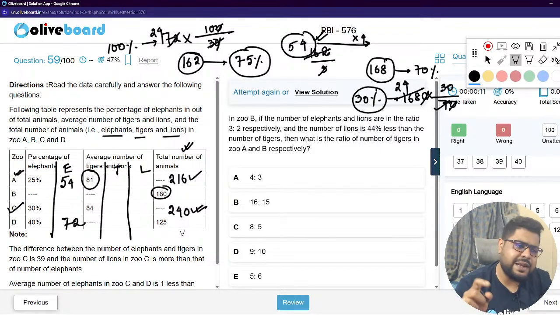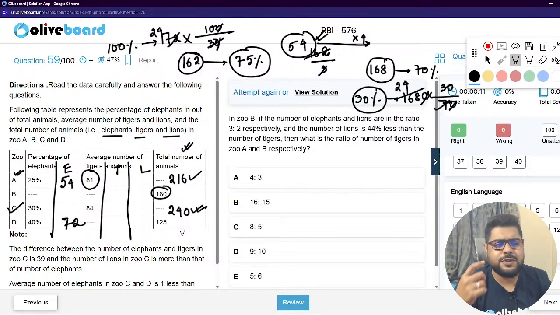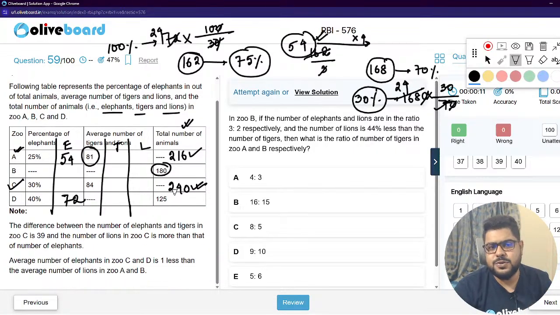Okay. Now again, if you want, we can forcefully go a little deeper as well, but I don't want to. For the time being, let's keep it like this. So we have figured out the total number of animals for all the zoos. Now take these notes and let's move ahead a bit.